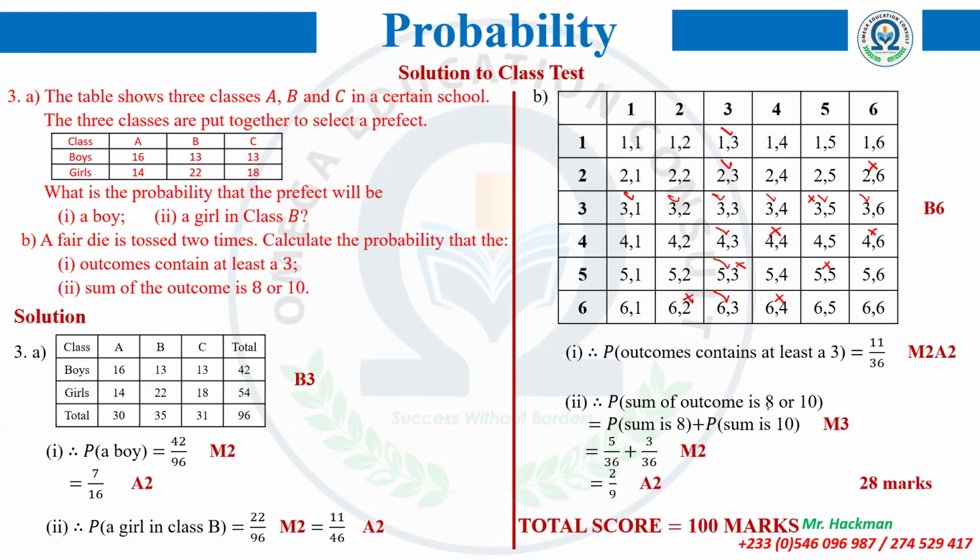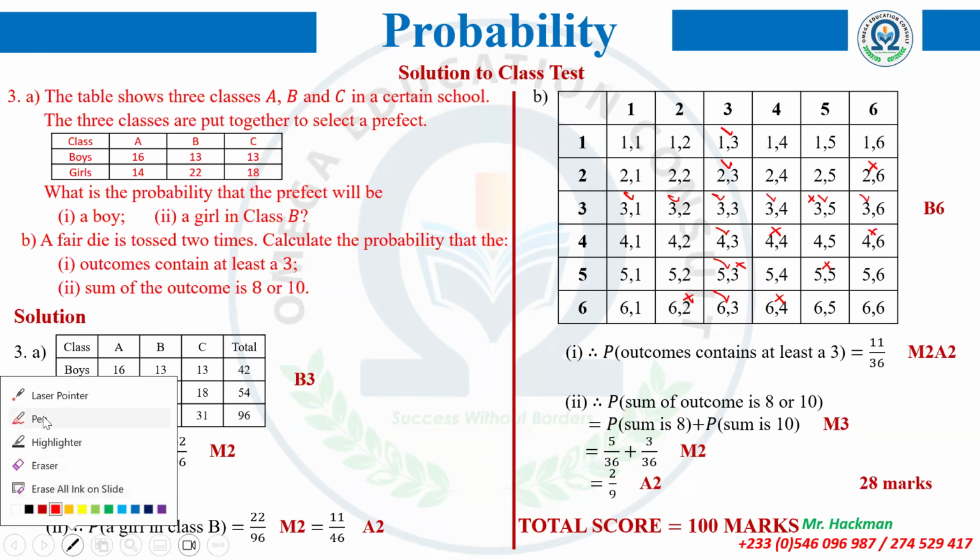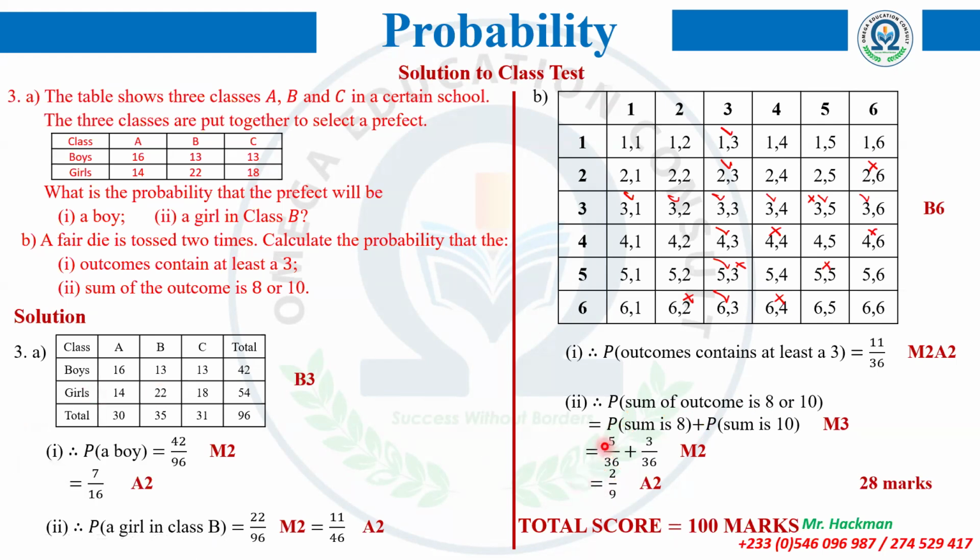However, I decided to use the basic definition of "or" to split my event, so that I know I will be adding the probabilities of the events that you have there. On this note, this will be it.